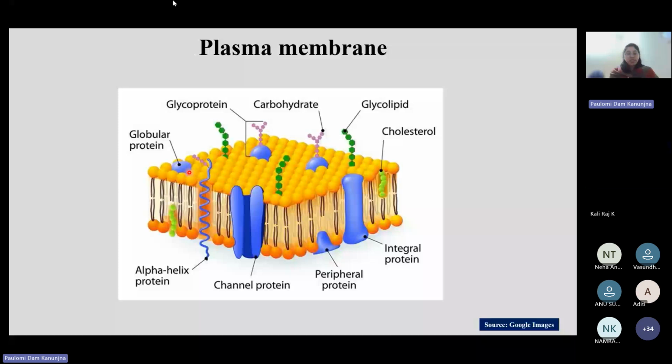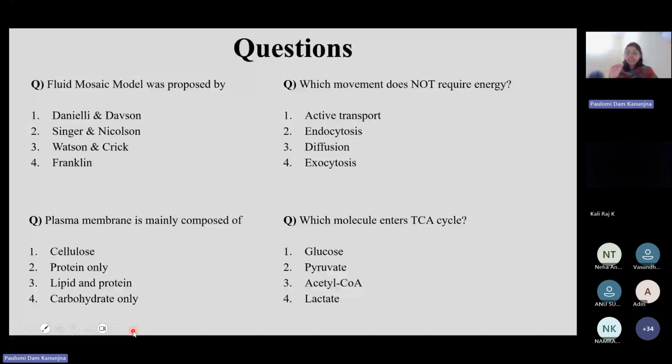Okay. So let's try to answer some questions. This is basically the second last topic of the first part of week one. So you have the fluid mosaic model, who proposed it, which I already mentioned. Then I told you there is movement across the plasma membrane, different kinds of movement.